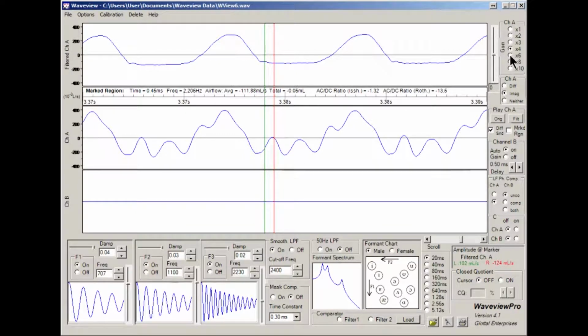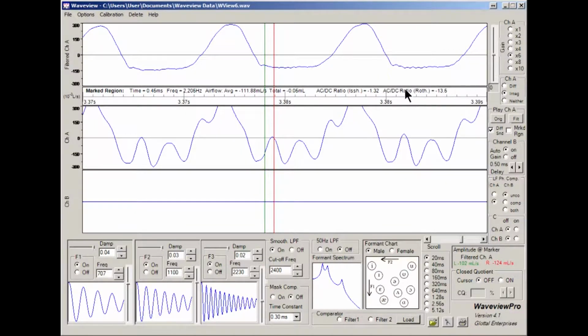Let me read it. Okay. And you can see that the point of glottal closure is here, and zero airflow is at the center line here, but the zero airflow is not maintained if you're inverse filtering pressure. So zero airflow is really this part of the waveform.